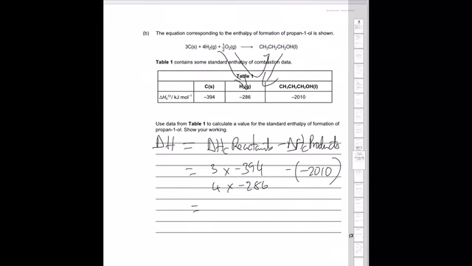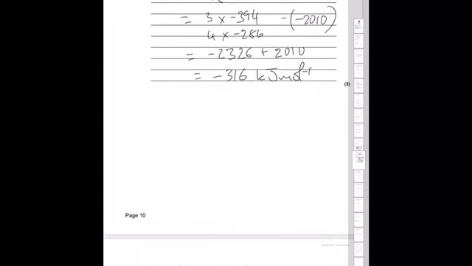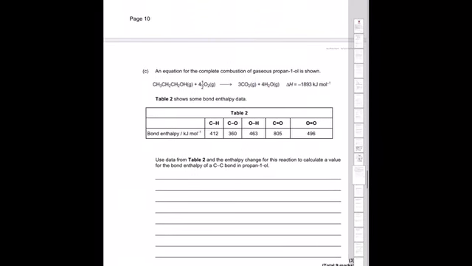So it's going to equal minus 2326 plus 2010. And that should give you minus 316.